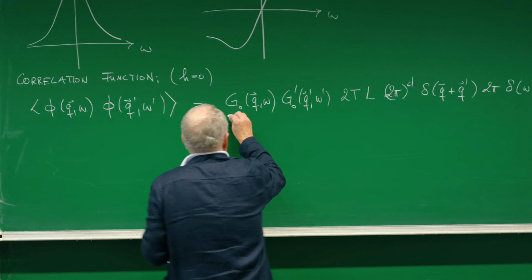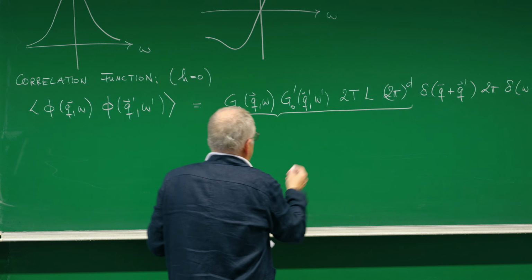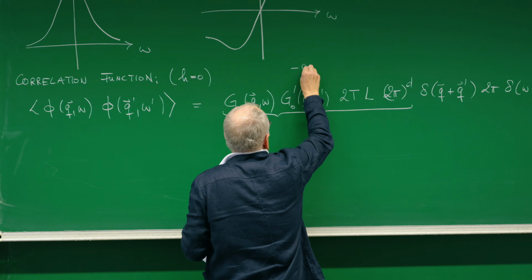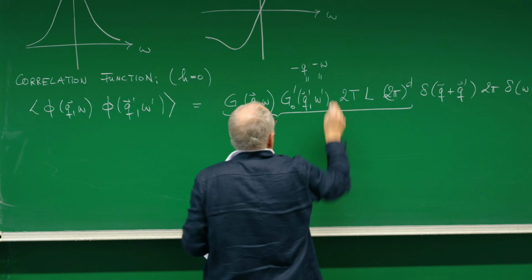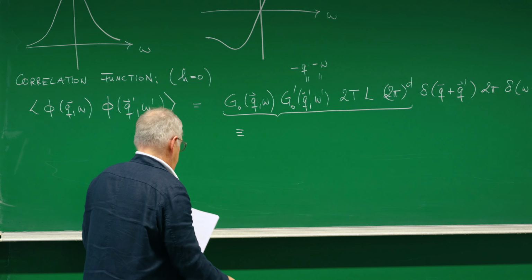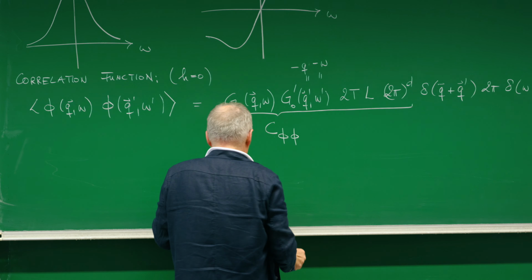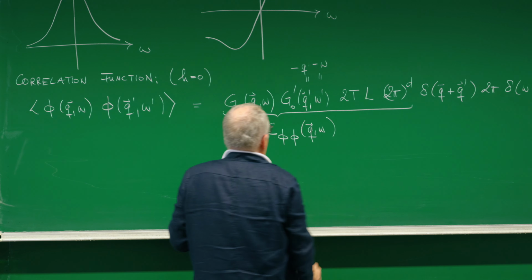Okay, and that object here, because I can put this q prime to minus q, and that here to minus omega because of the delta function, this I call or define as my correlation function of q and omega.